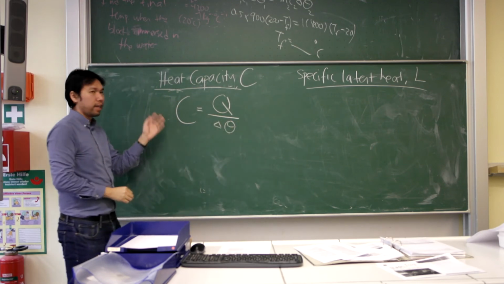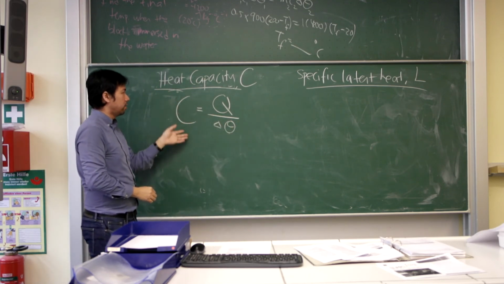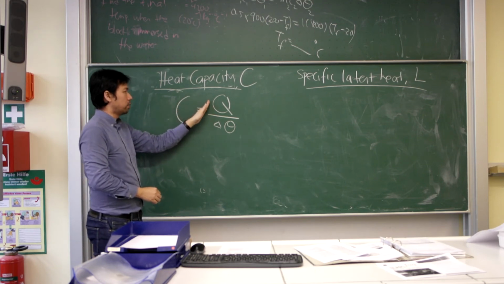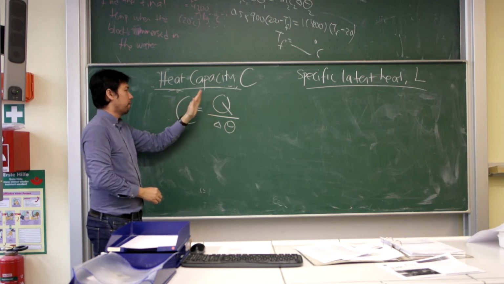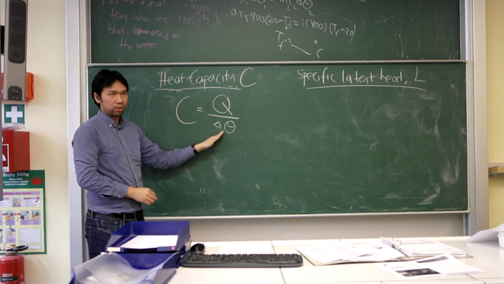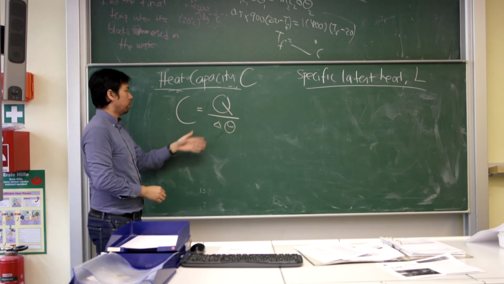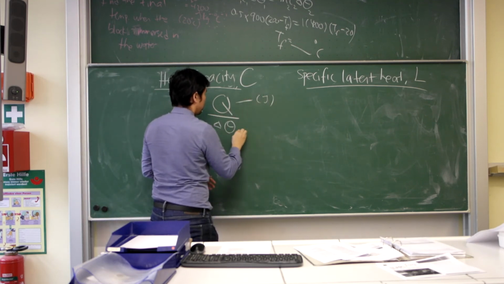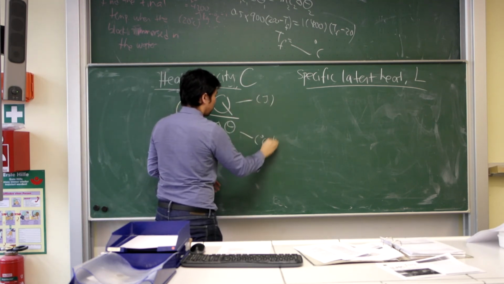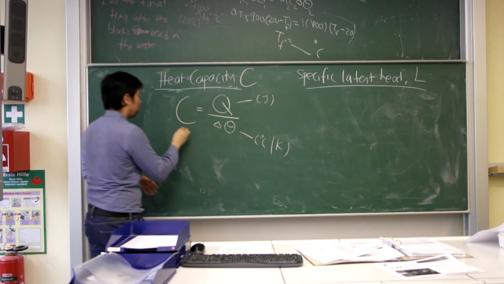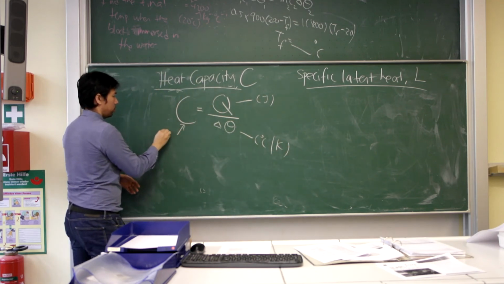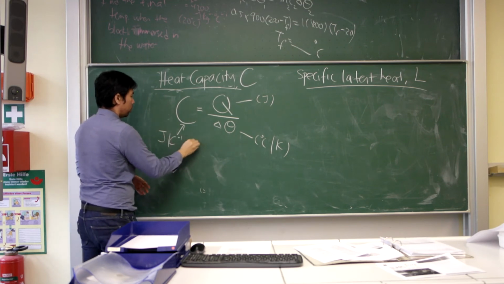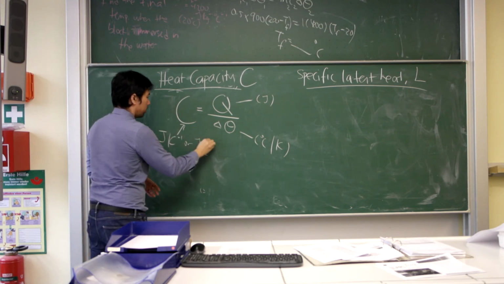So from here you can tell the unit is not the same. This is joule, this is degree Celsius or Kelvin. So what's the unit for heat capacity, guys? Joule per Kelvin, you're right, or joule per degree Celsius.